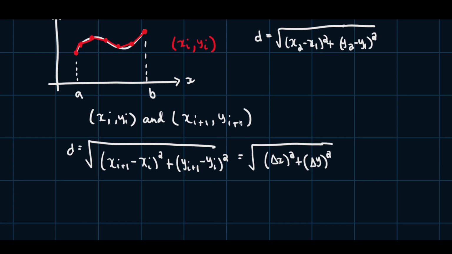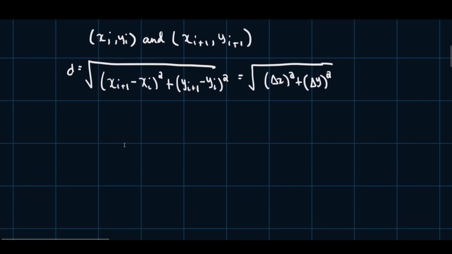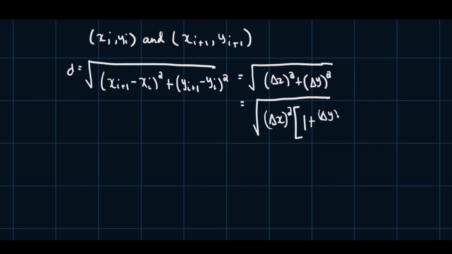Okay? Now, we're going to manipulate this by factoring out delta x squared. So, if we factor out delta x squared, matitira sa delta x squared is 1. Tapos, sa delta y squared, we will actually get delta y squared over delta x squared.